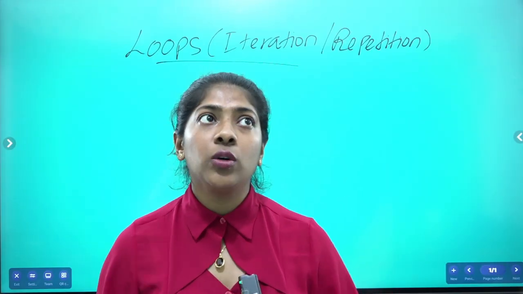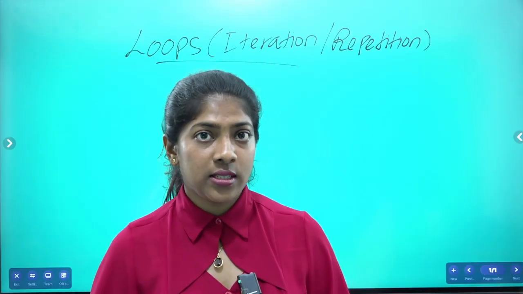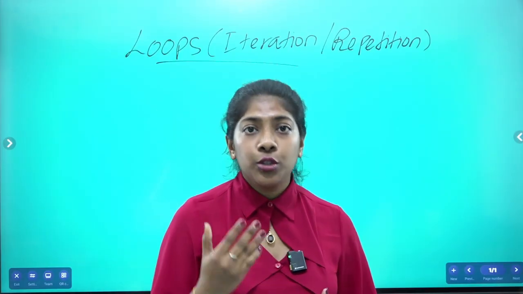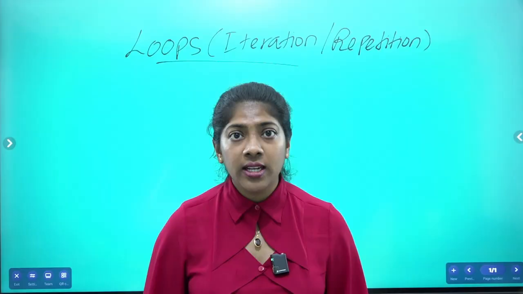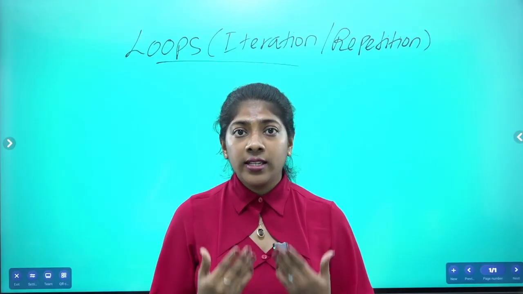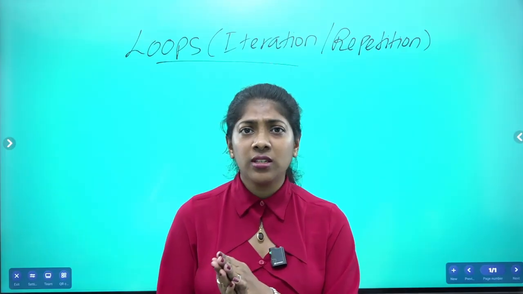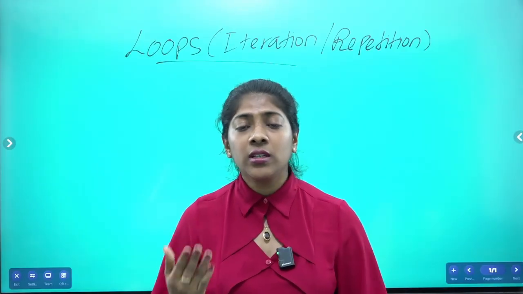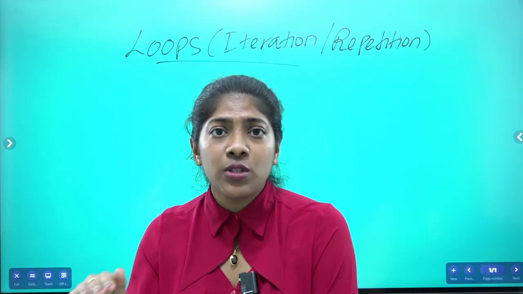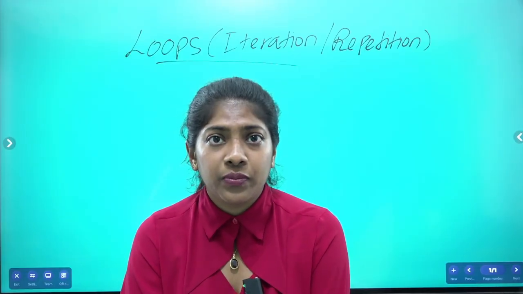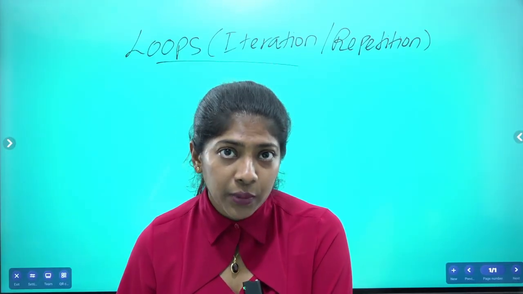What is looping or iterating? It means doing the same thing again and again until some kind of condition is fulfilled, until it comes to some kind of an end. This is what we call a loop.